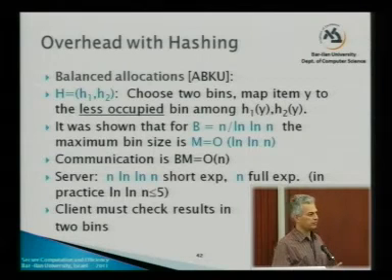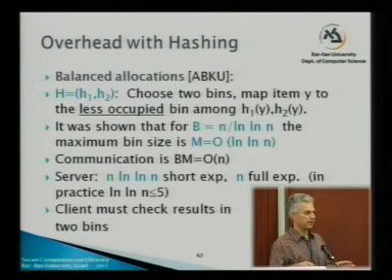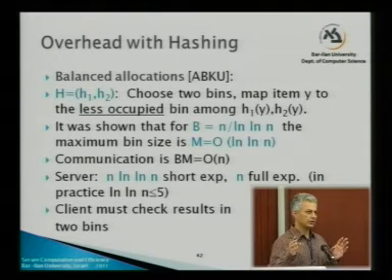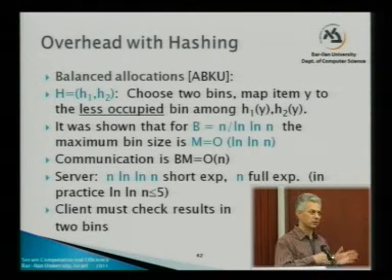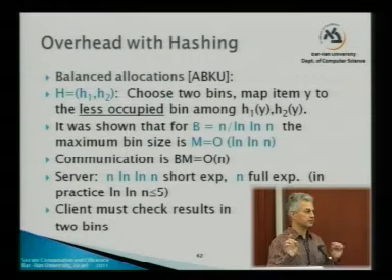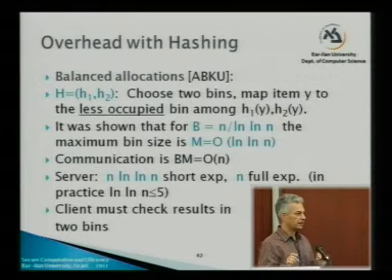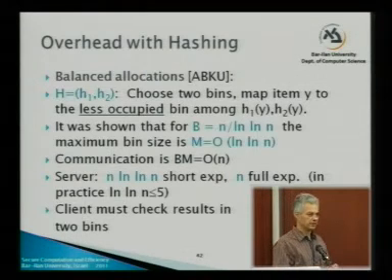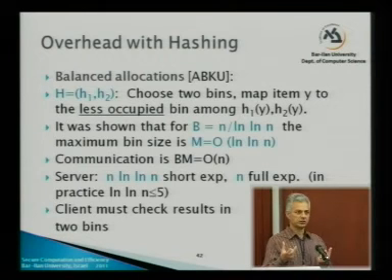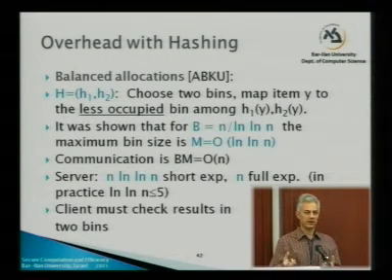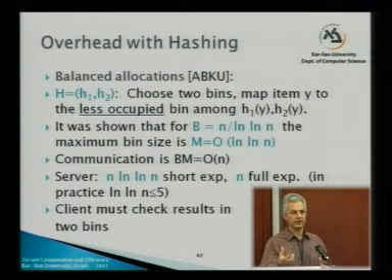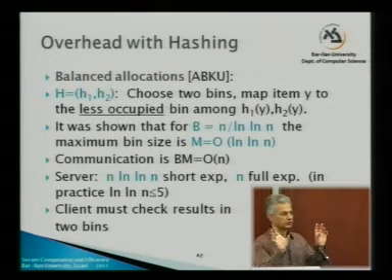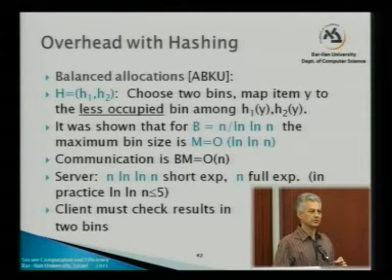An item x, you throw it either to bin h1 of x or to bin h2 of x, to one of these two bins. How do you decide? When you want to put the item in the bins, check which of the two bins, h1 of x or h2 of x, is more occupied, and put the item in the bin which is less occupied. So each item has two options. Put it in the bin which is less occupied.